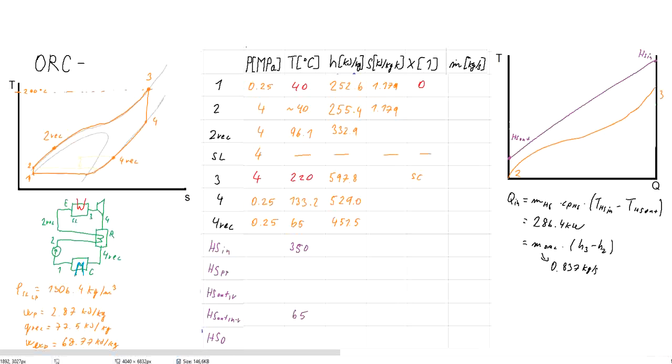In this case, the point 2 recuperated is around 96 degrees C, so let's say it would be somewhere here.